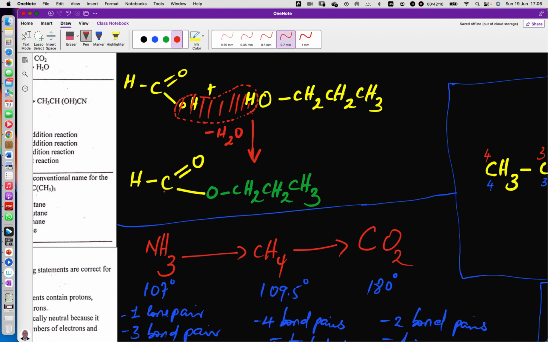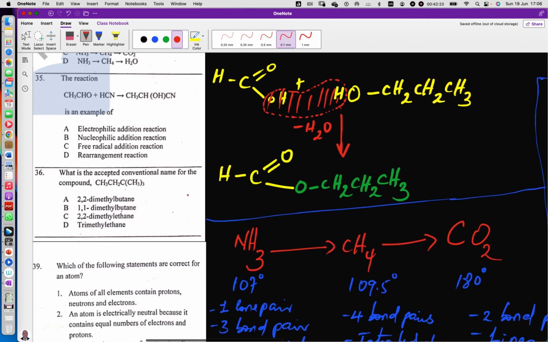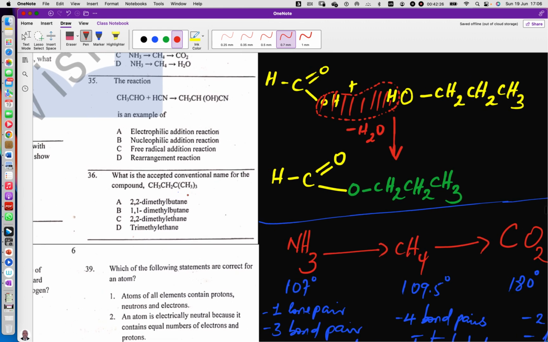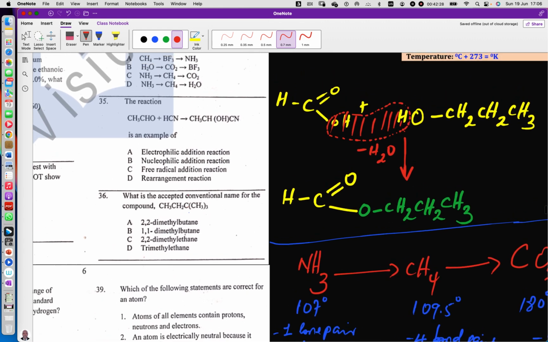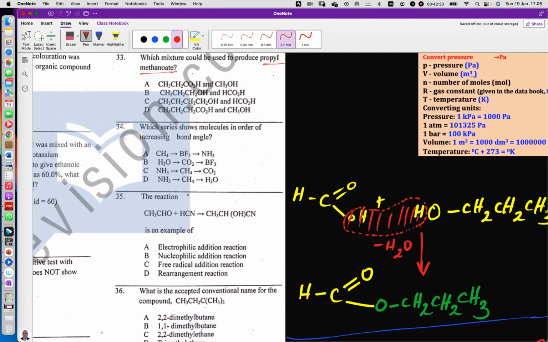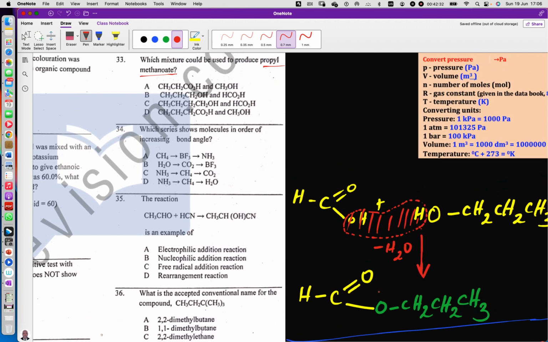So we now call it propyl methanoate. This is how the formula is supposed to be: propyl methanoate. So we are starting from propan-1-ol and methanoic acid.